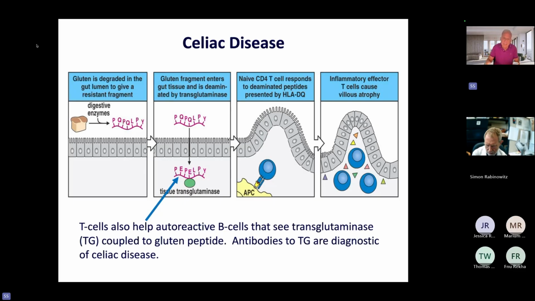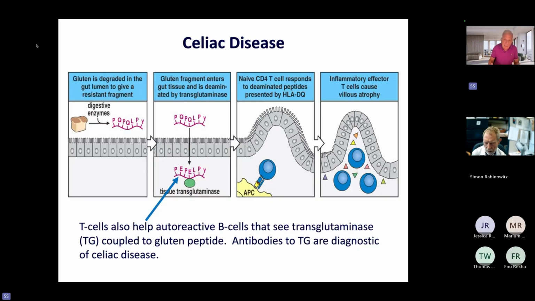So this gluten fragment enters the gut tissue and is deamidated by an enzyme called transglutaminase, which is present in the mucosa. When this happens, naive CD4 T cells respond to these deamidated peptides linked to transglutaminase. And this then is identified as foreign, leading to inflammatory effector T cells, which then attack the mucosa itself in an autoimmune fashion, resulting in mucosal destruction.